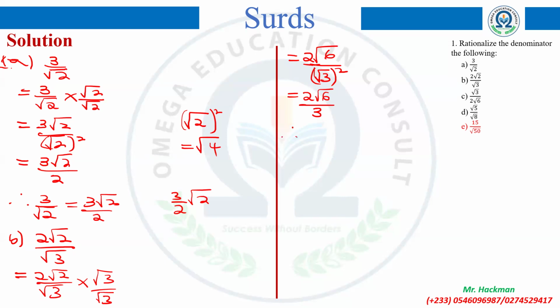Therefore, your 2 root 2 over root 3 will be equal to 2 root 6 over 3. You feed your calculator with that and you see that your calculator will give you the same result. This is exactly what goes on inside the calculator before the calculator throws this answer at you.